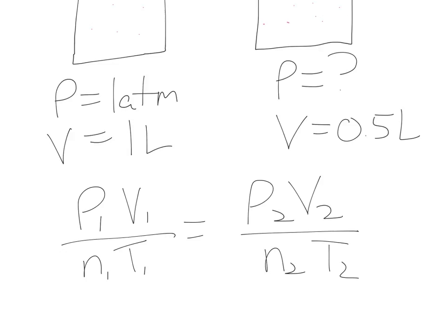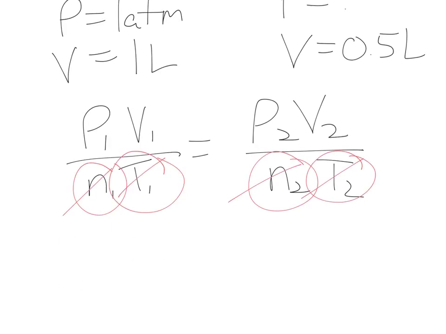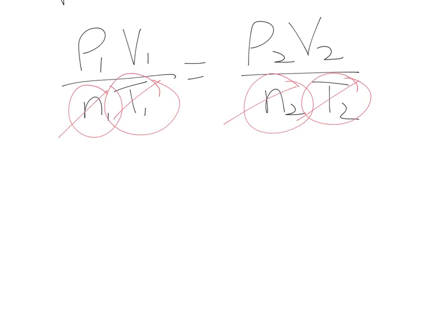Well, if you think about it, if the number of moles are the same on both sides, they're just going to cancel out. So I actually don't have to plug in numbers for that. If I'm not changing the temperature, it will also cancel out. This makes the equation a little bit easier to work with, because now I'm just doing P1 V1 equal to P2 V2.